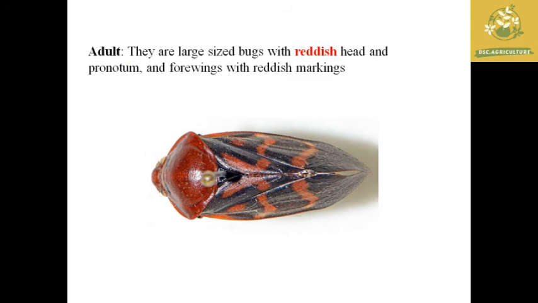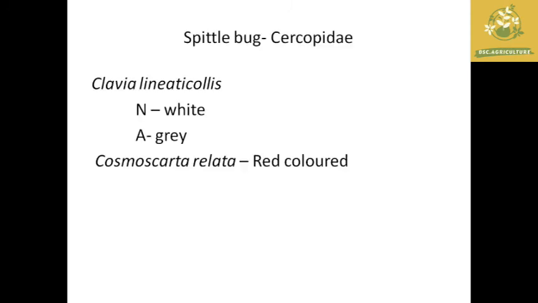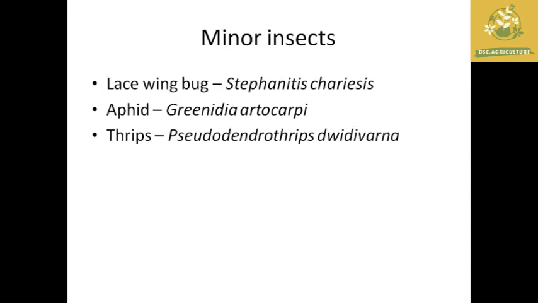Next, the adult is a large sized bug with a reddish head, and it has a pronotum and forewings with reddish markings, which are the characteristics of the spittlebug. Some other species of spittlebug are Clovia lineatus and Cosmoscarta relata, which is red in color. Some of the minor insects are lacewing bug, aphids and thrips.